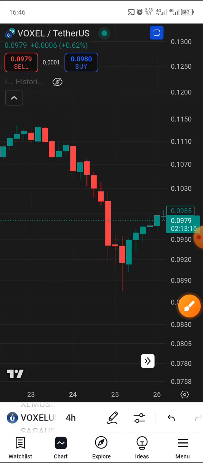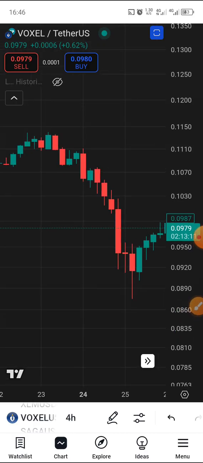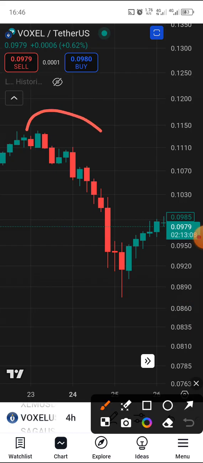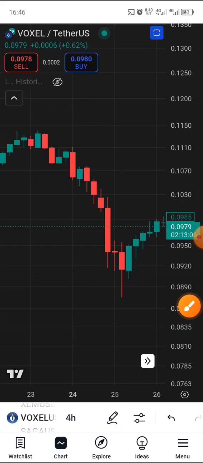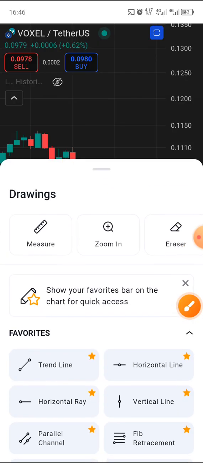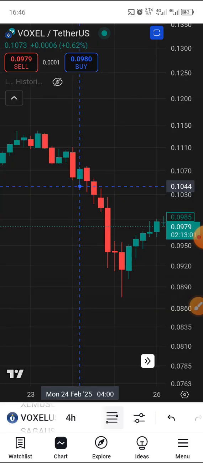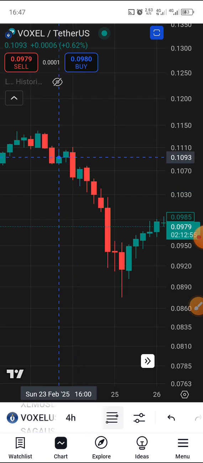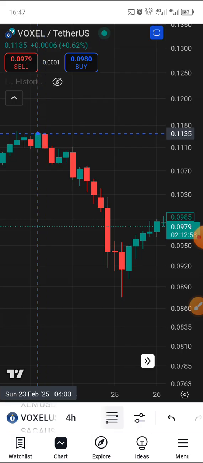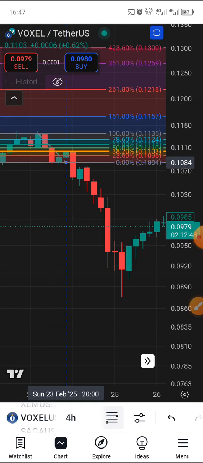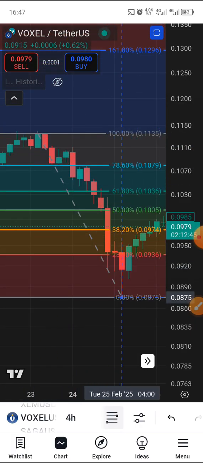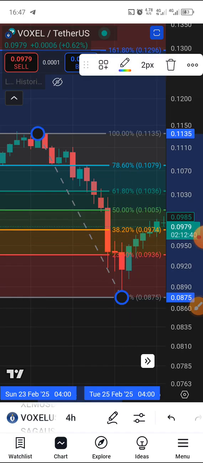So let's pick our fib retracement. In this case, we are going to first use this area here as our example. So you come on the pencil, pick your fib retracement. Since this is a downward trend, we are going to begin from the highest point, then drag it to the lowest point.